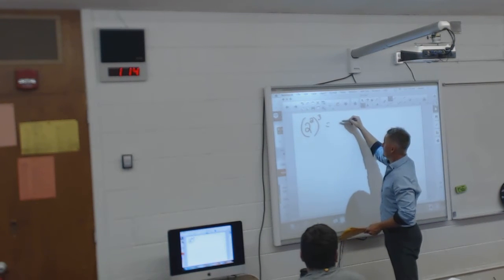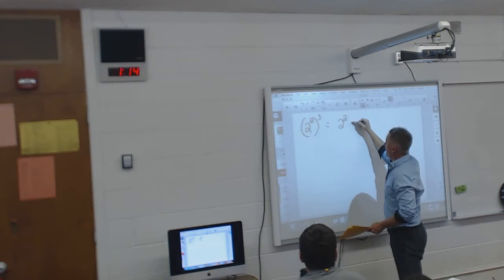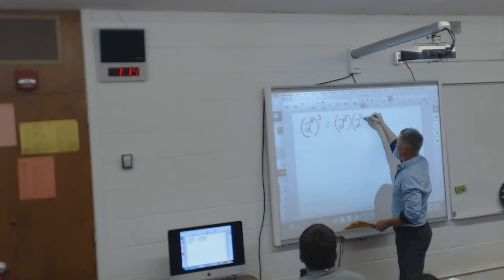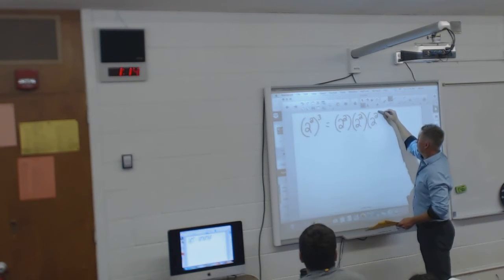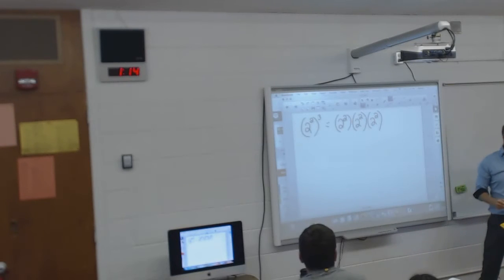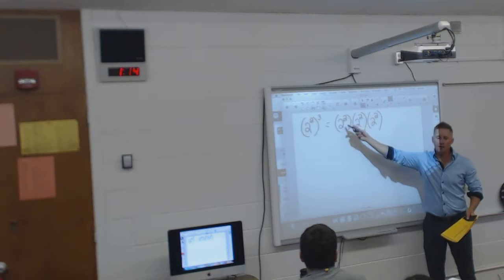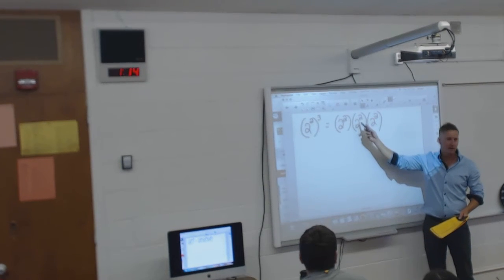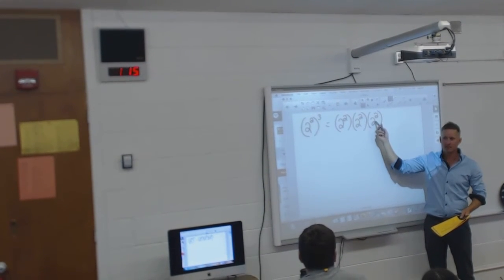So I had 2 to the power of 6. Now, that is saying 2 squared by 2 squared by 2 squared. Do you agree? That's what that means? Okay. How many 2's do I have here? 2 here, 2 here, 2 here.